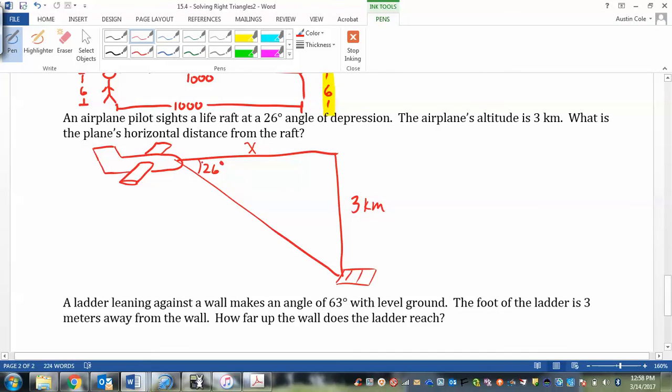So with respect to this angle, I have the opposite and adjacent. So again, that is tangent. So the tangent of 26 degrees equals the opposite, which is 3, over the hypotenuse, or excuse me, the adjacent, which is x. Need to multiply both sides by x.